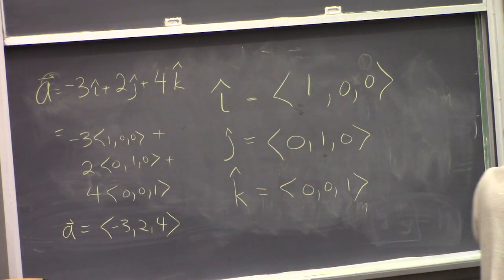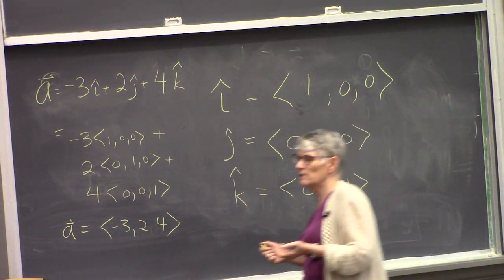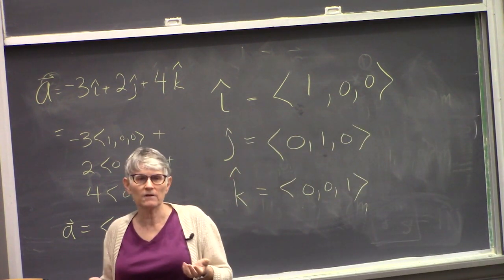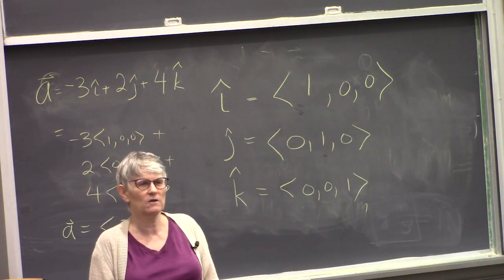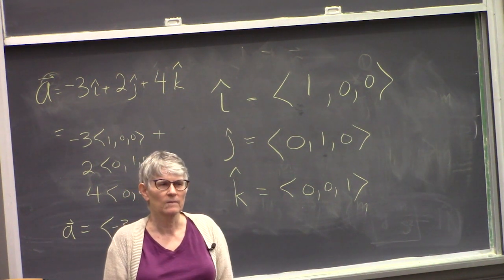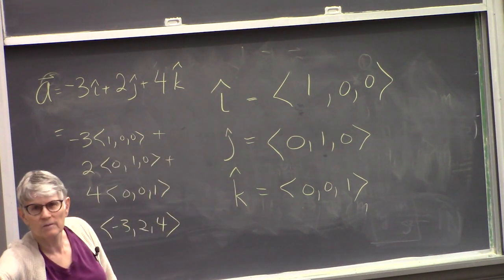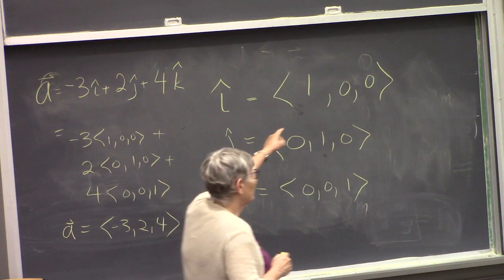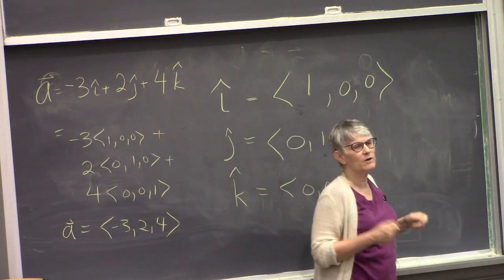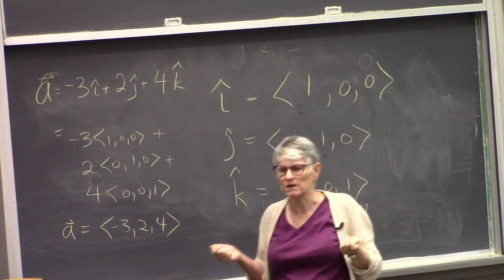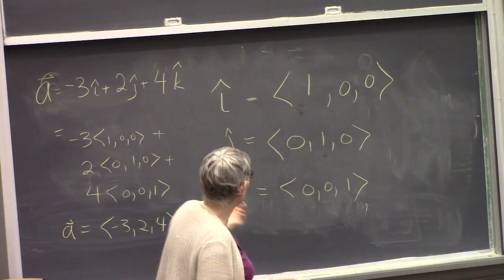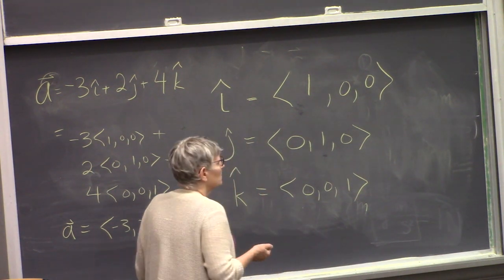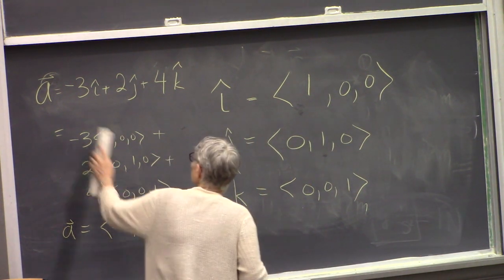One more thing we need to do with vectors, and that's talk about what it means for one vector to be equal to another vector. So remember our vector R1 going from here to there. What would it mean for some other vector to be equal to that vector? What would it mean for some vector to be equal to our vector A?